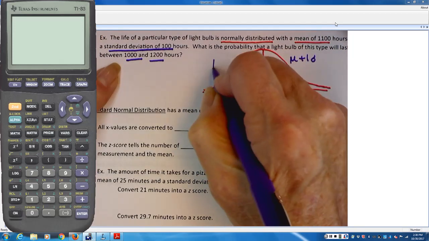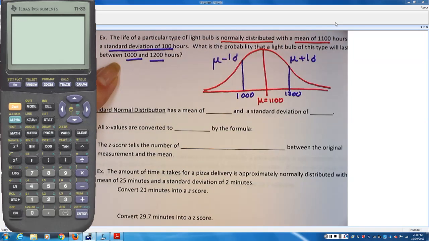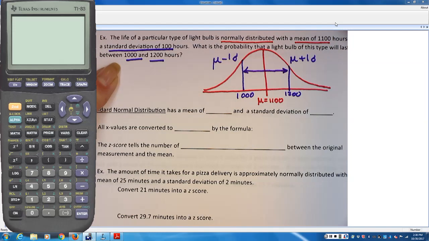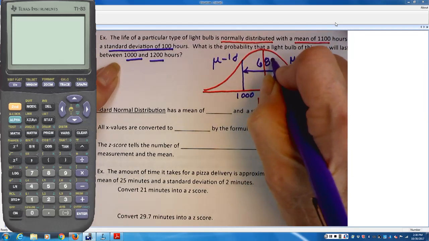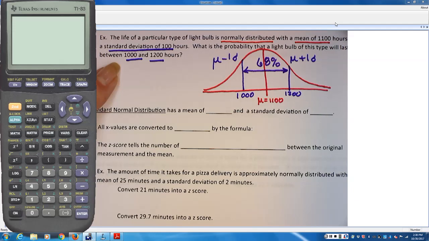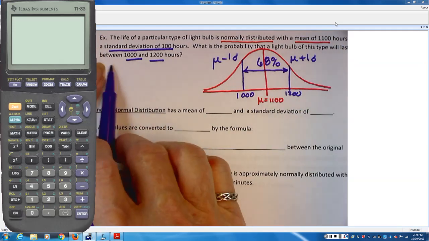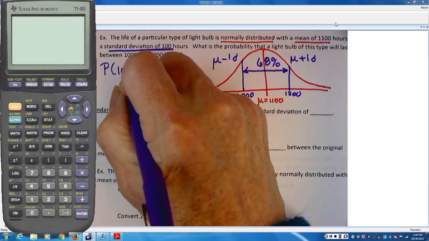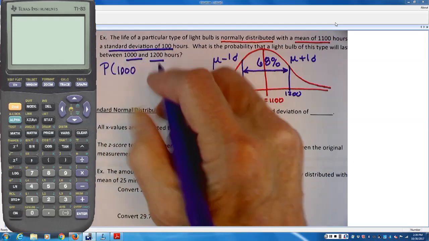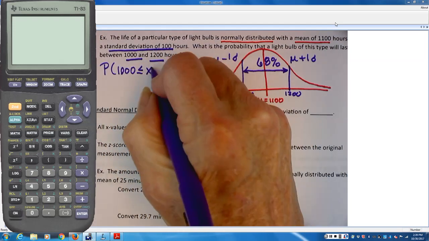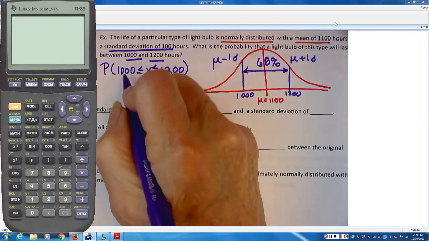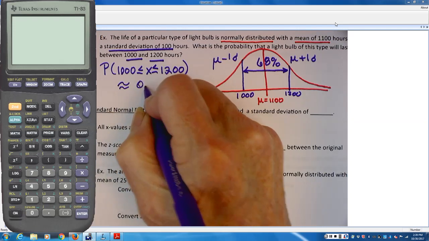This is the mean minus one standard deviation. And the empirical rule tells us that the area under the curve between those is 68%. So the probability that that light bulb is going to last between 1,000 and 1,200 hours is going to be approximately equal to 0.68.